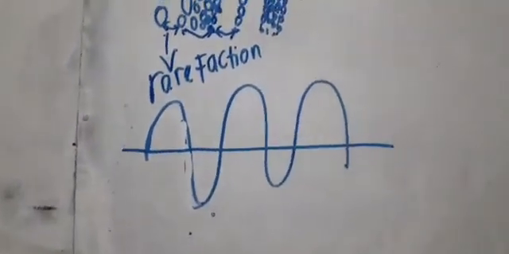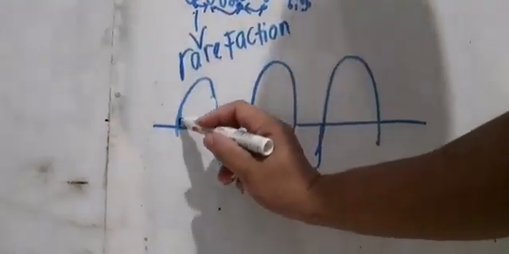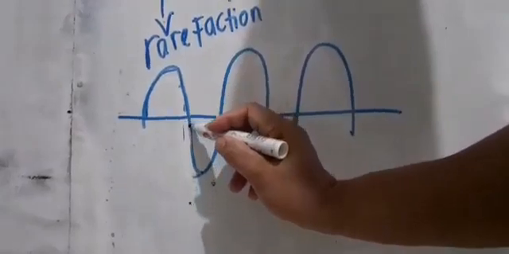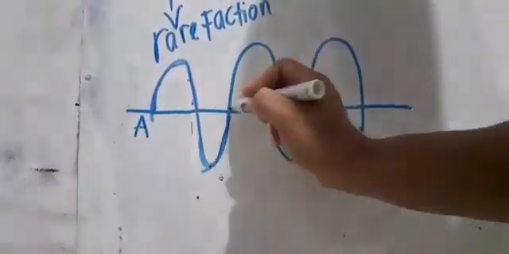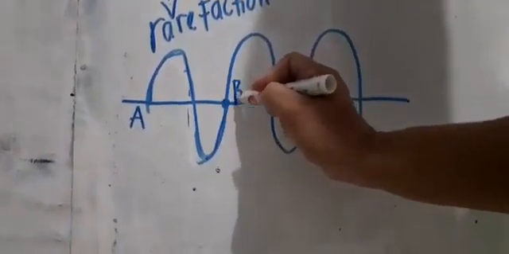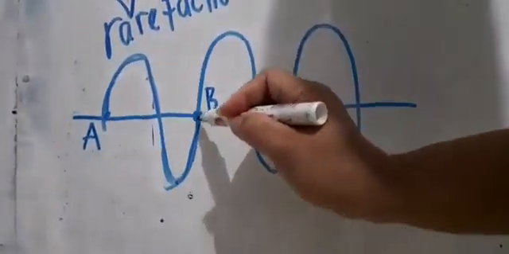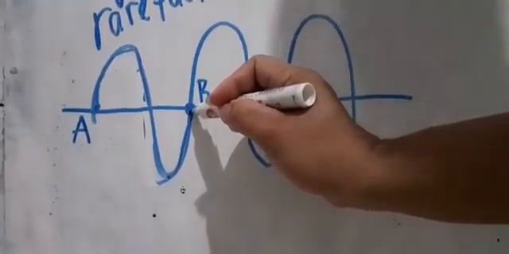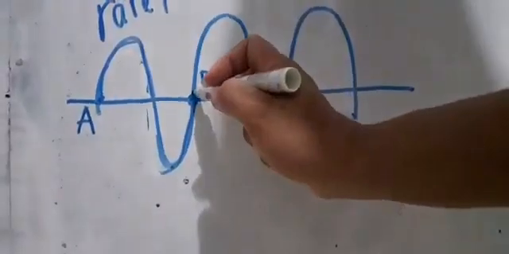The frequency is the number of oscillation per second, where one oscillation is from point A to point B. This is one oscillation, or one wavelength.